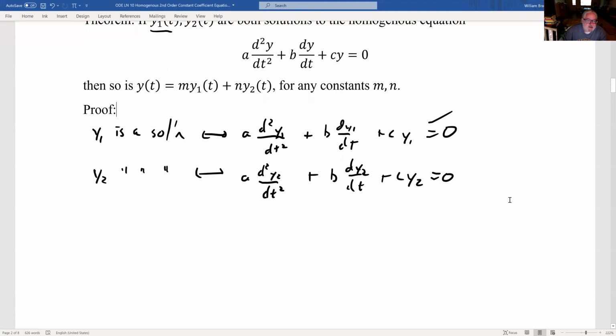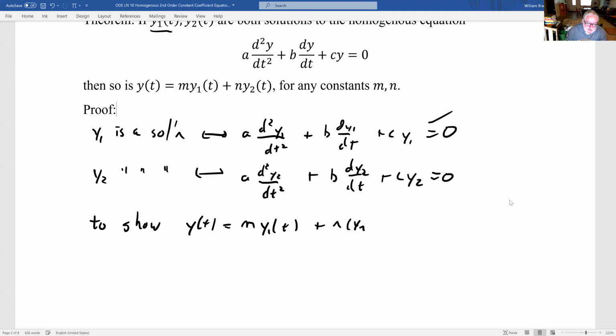Great. We want to show that the new function that we get by multiplying the first function by m and the second function by n, m y1(t) plus n y2(t), is a solution. So how do you check if something is a solution? You plug it in and see if it works.